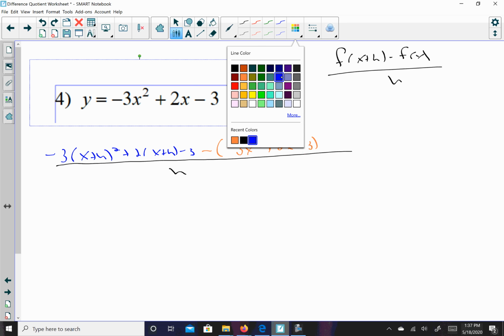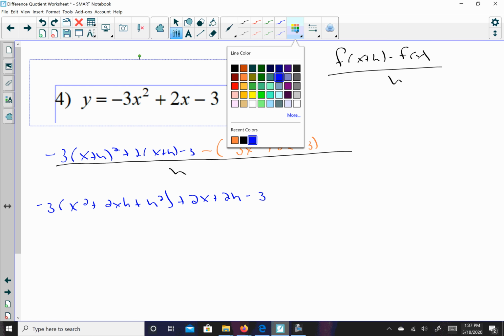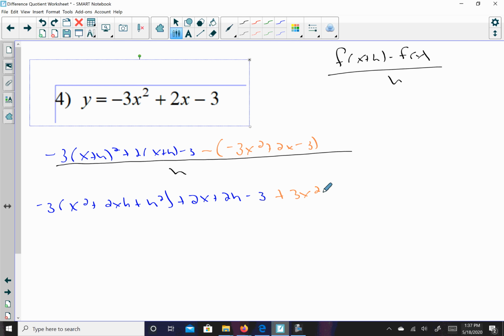This x plus h squared is going to be x squared plus 2xh plus h squared. Distributing this 2, so this will be plus 2x plus 2h minus 3. Distributing the negative sign, this will be plus 3x squared minus 2x plus 3. So every sign in here changes. And this is all over h.